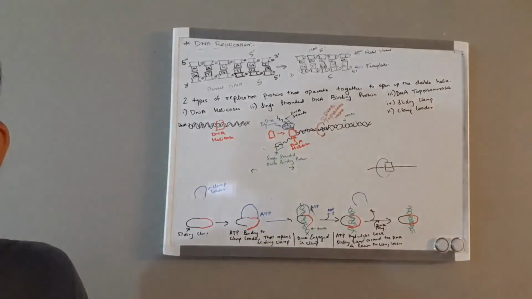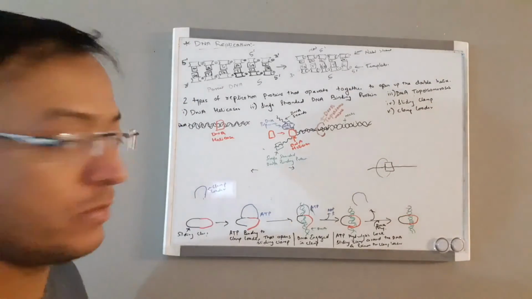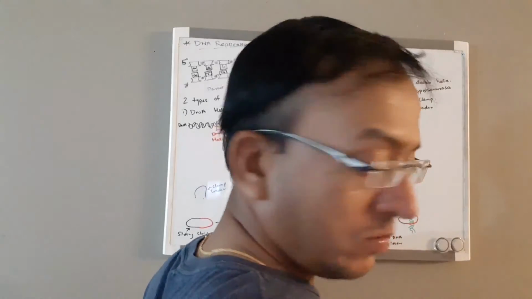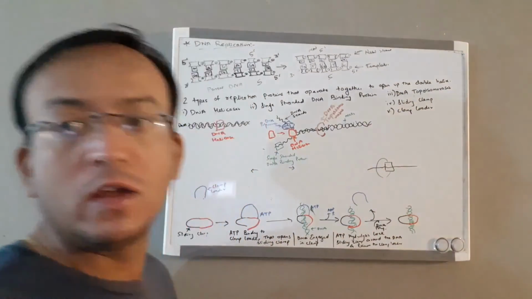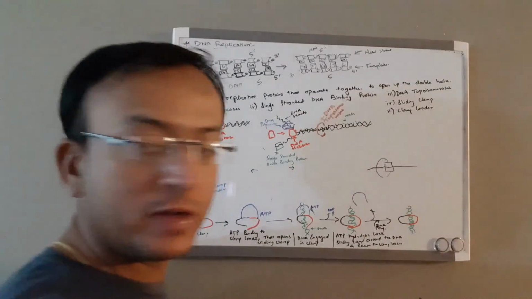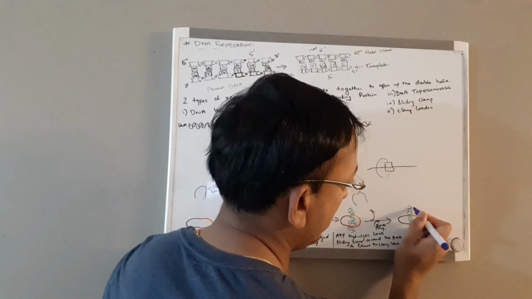So now what we'll have, I will use the blue one to make the DNA polymerase, so that will bind this clamp, for example.